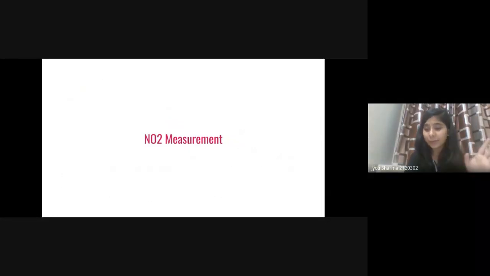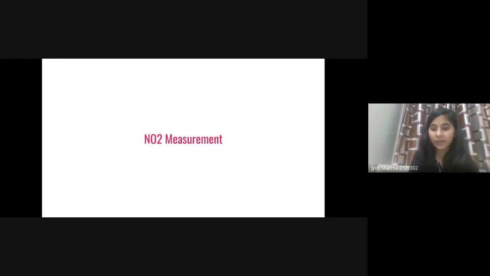Anyway, we have talked about sulfur dioxide and particulate matter 2.5. Next is how we can measure nitrogen dioxide. We must know what method we are using, what chemical we are using, and at what wavelength we will measure this in the spectrophotometer.